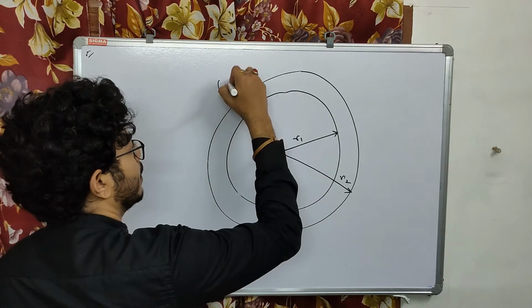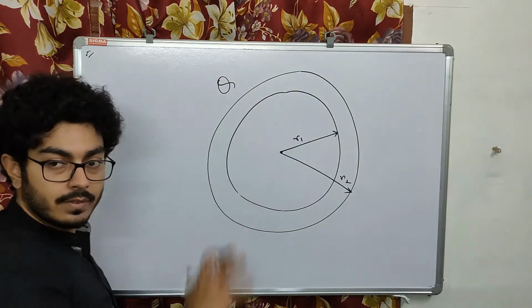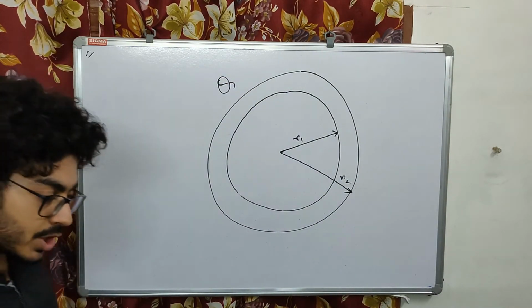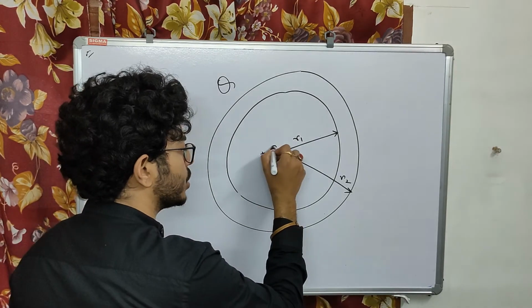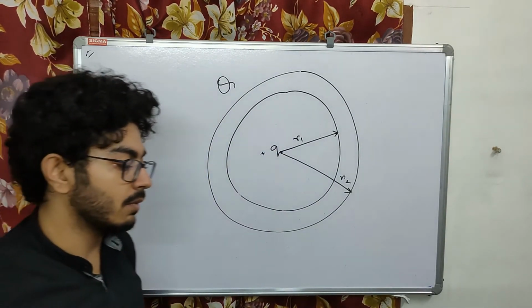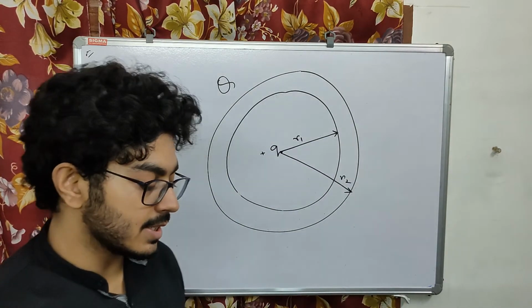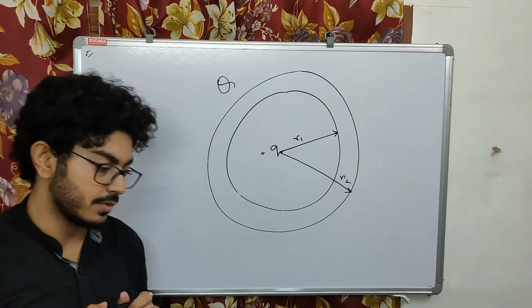So a charge plus Q is there overall on the outer surface of the shell. Now in the question it says a small plus q charge is placed at the center. Then find out the surface charge densities of the inner surface and outer surface of the shell.